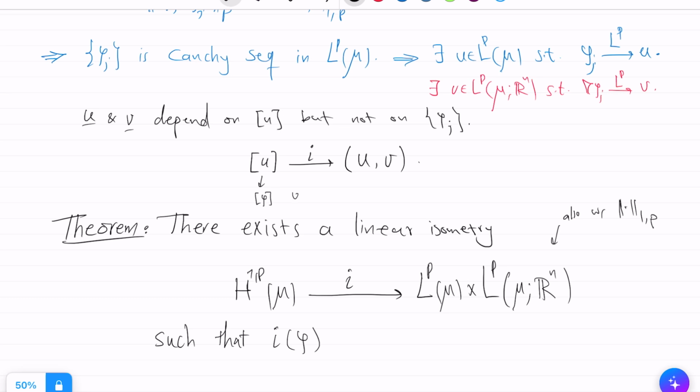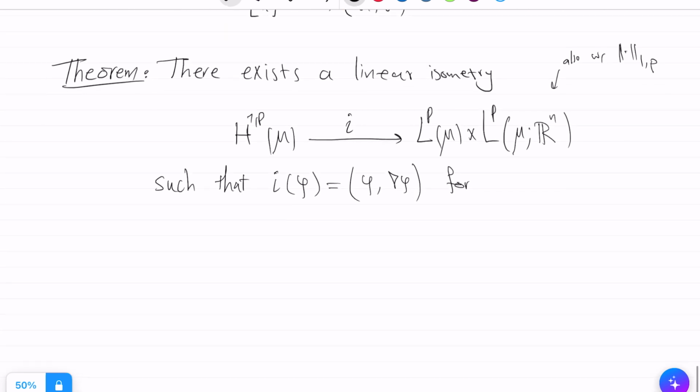Then the constant sequence phi would be an approximation to that, and if you follow that construction, you will see that you must end up with phi itself and gradient of phi. So you can use this as a defining feature for this embedding.